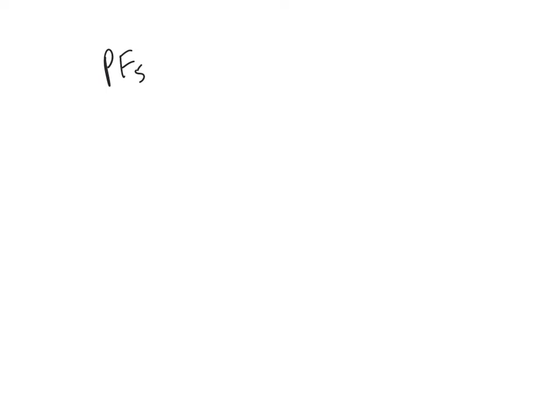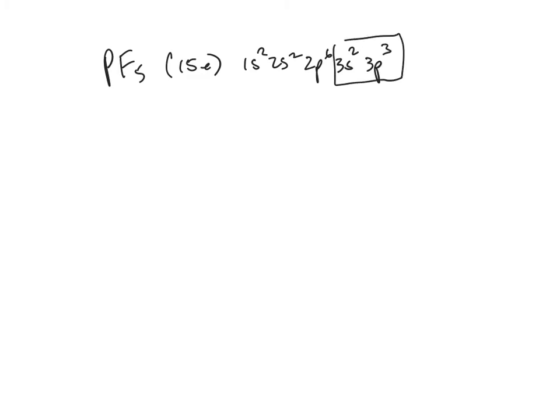I can't see very well, 15. So it's got 15 electrons, 1s2, 2s2, 2p6, 3s2, 3p3. These are the valence electrons. So remember, we had 1, 2, 3, 4, 5, where phosphorus is not going to obey the octet rule.